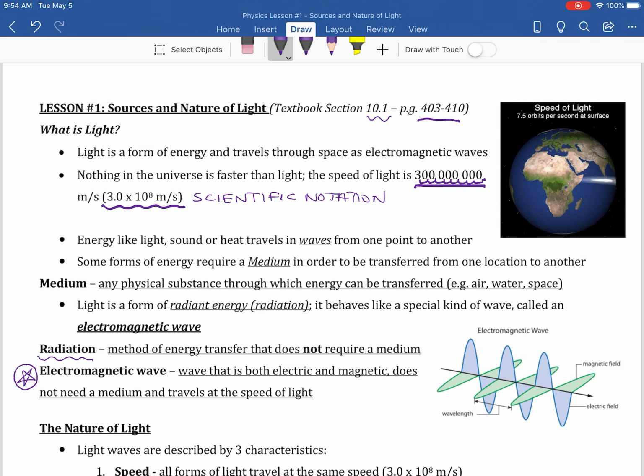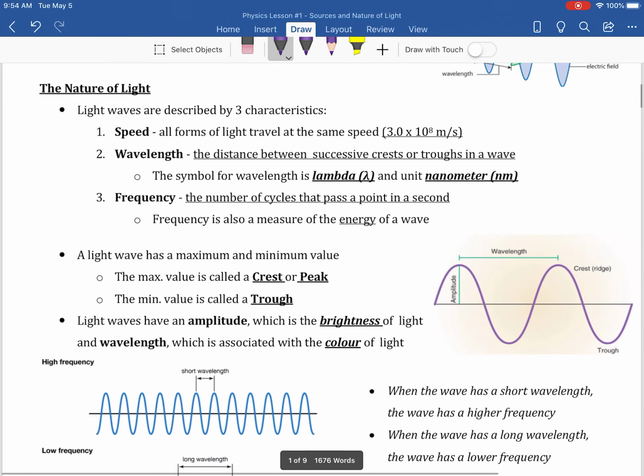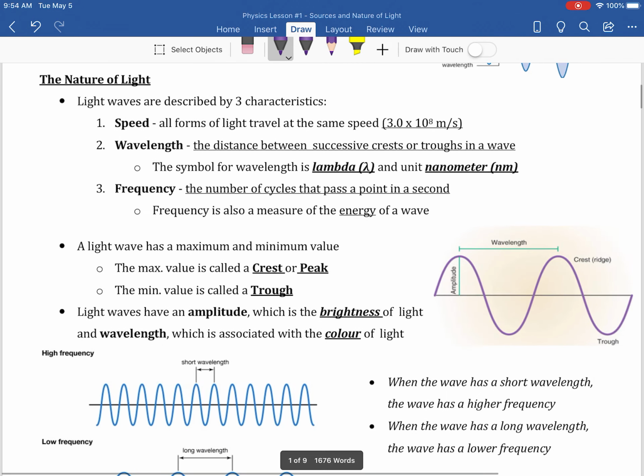So let's take a look at what waves are. Now, you would have seen waves a long time ago, and the reason I know this is because I just had to help my daughter in grade 4 learn about waves. But if you don't remember all the way back to grade 4, let's revisit, shall we? Okay, so there's 3 characteristics with a wave.